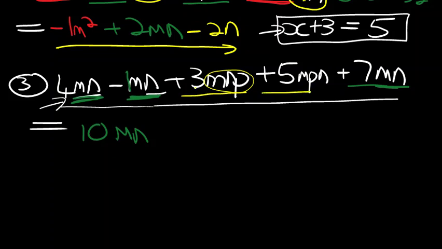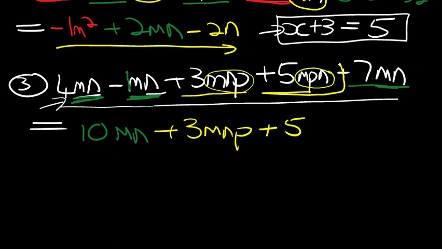Okay, so what we have here is then plus 3 plus 5mpn. Now that one looks a bit strange, but let's just rewrite this. Plus 3mnp, and let's write that term, its variables, in alphabetical order, and that will be mnp.